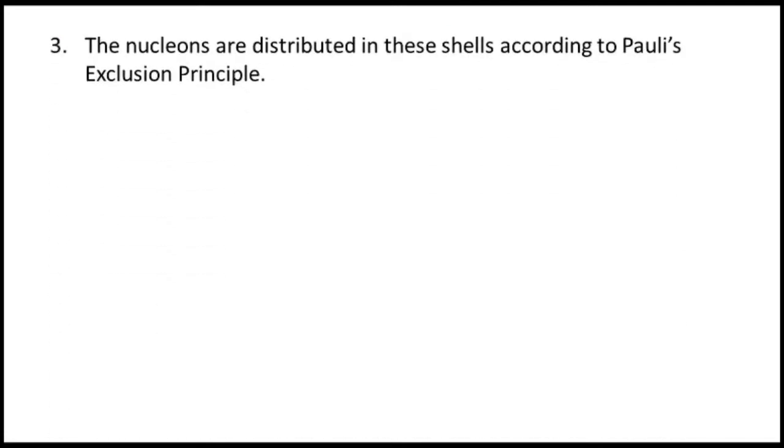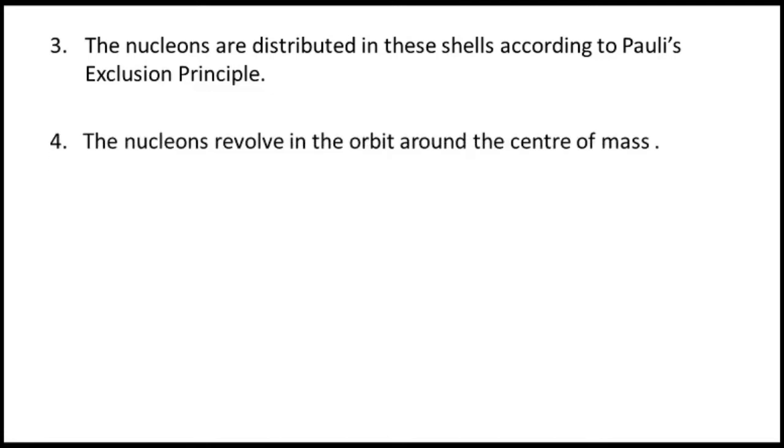The nucleons present in the nucleus are distributed in the shells according to Pauli's exclusion principle. These nucleons revolve in the orbit around the center of mass.